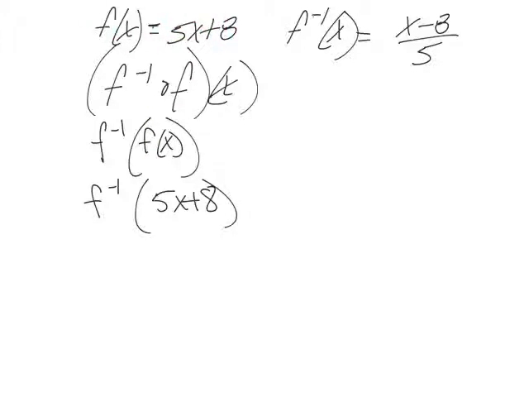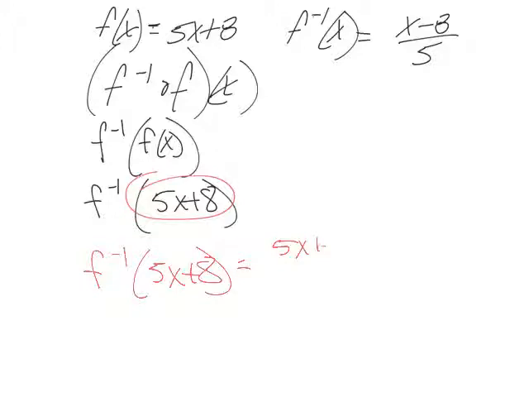Now, whenever I see an x up here for my inverse, I'm going to put this in. So f negative 1 of 5x plus 8 equals, I'm going to put a 5x plus 8 in for my x.